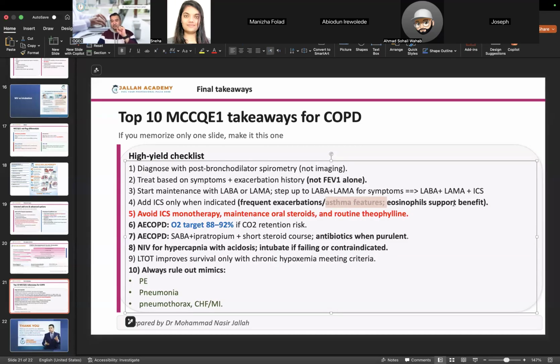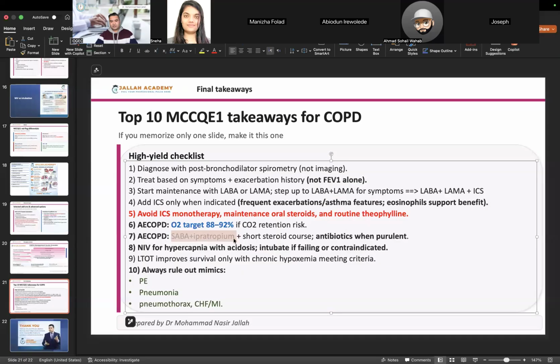Not only that, when you check the blood, it shows a high level of eosinophils, and the patient also had frequent exacerbations. This is the best or ideal choice to prevent the exacerbation, control the asthma symptoms, and control the eosinophil level.